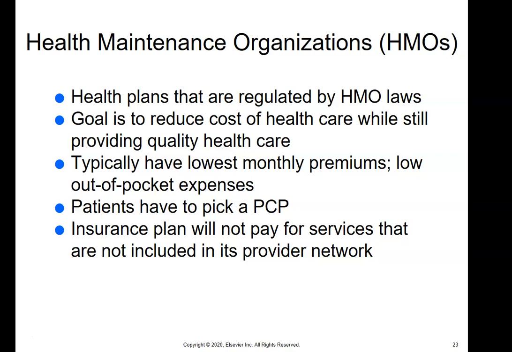The group model is a multi-specialty group with or without a primary care provider, and they may contract with several HMOs. And then the network model, where the HMO contracts with multiple provider groups. Those providers can see patients outside of the HMO, and it provides wider geographic coverage for members.